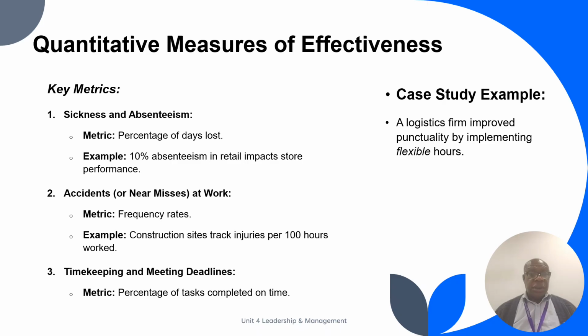So at any given time, you can find out the frequency rate of such accidents or near misses. For example, on a construction site, they're able to track injuries per 100 hours worked. Over 100 hours worked, they do an analysis to find out how many accidents or near misses were recorded in that period.